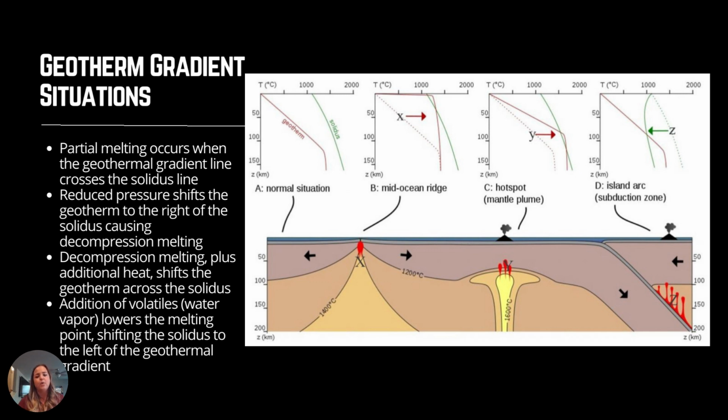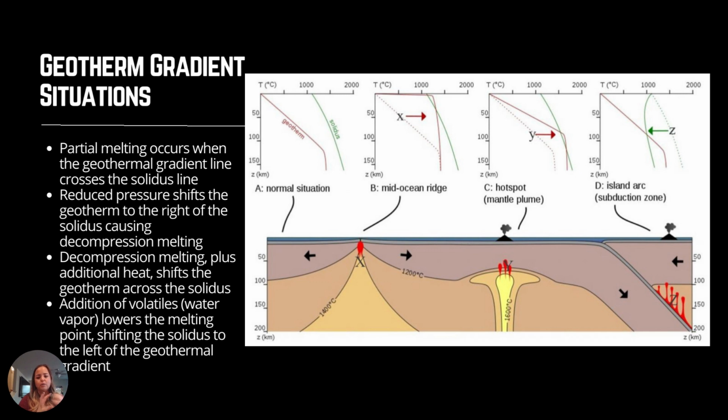And then again, with an island arc or a subduction zone, we also see a bend in our solidus. That is our solid rocks actually starting to melt sooner, and that is shifted over because of the addition of water into the mantle.